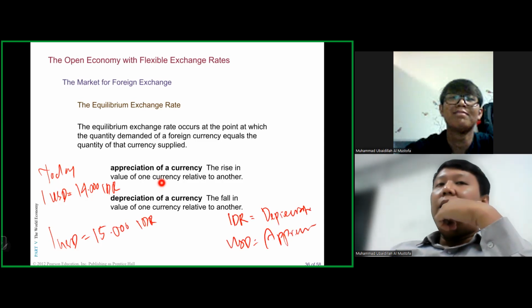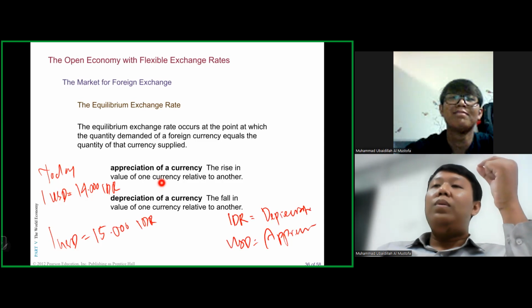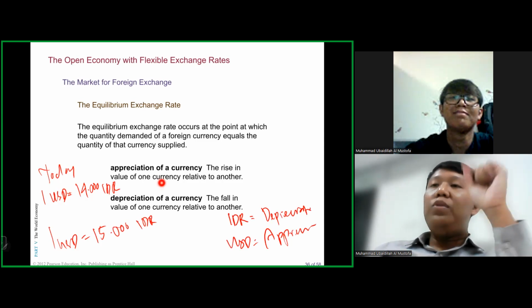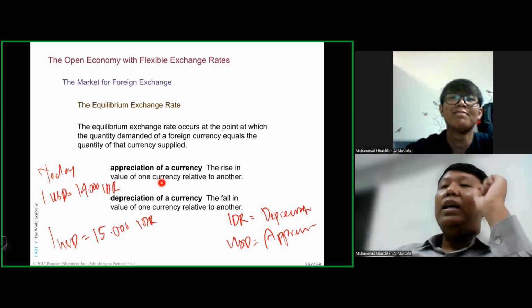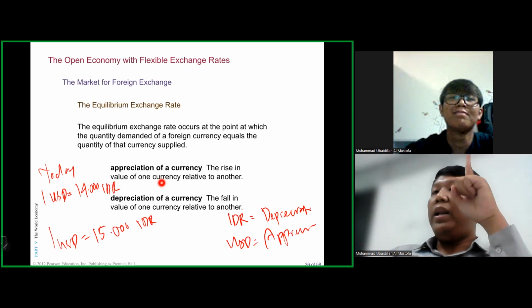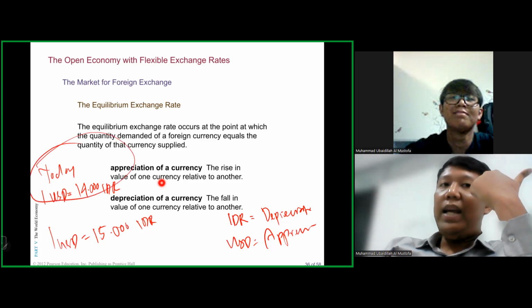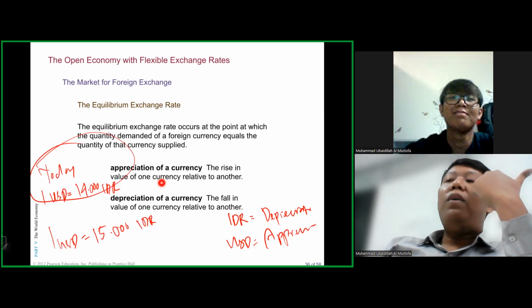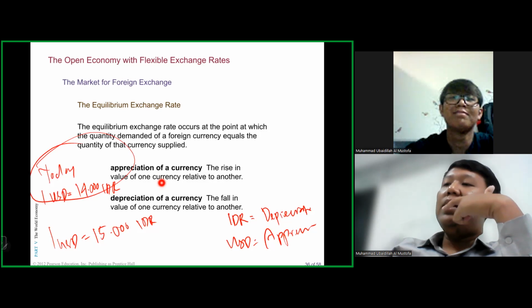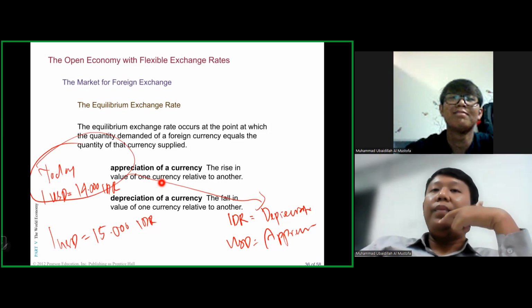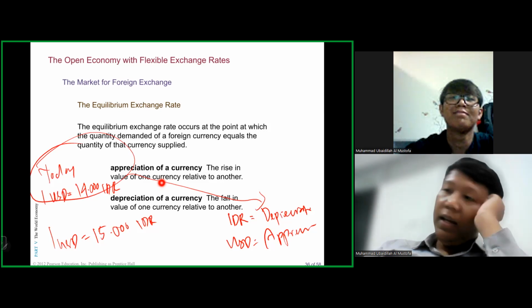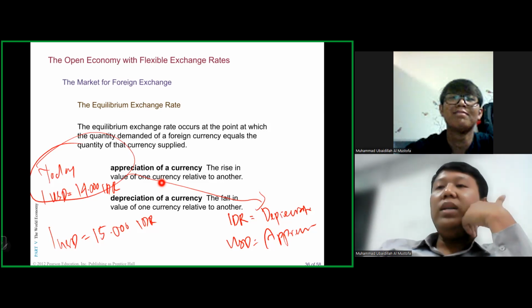Now you need 15,000 Indonesian rupiah to get $1, while before, 3 days ago, we only needed 14,000 Indonesian rupiah to get $1. So in this case, the Indonesian rupiah depreciates in value while the US dollar appreciates in value. Okay, so this is how we measure appreciation and depreciation.